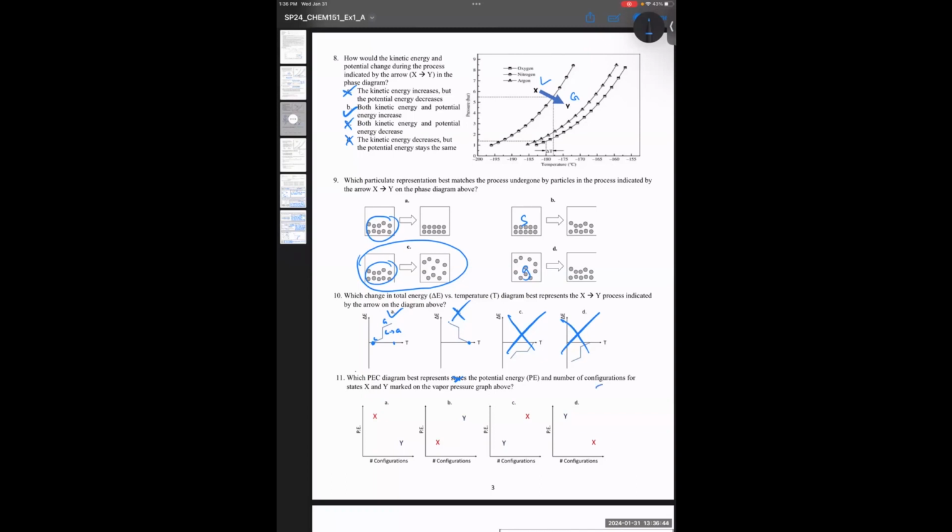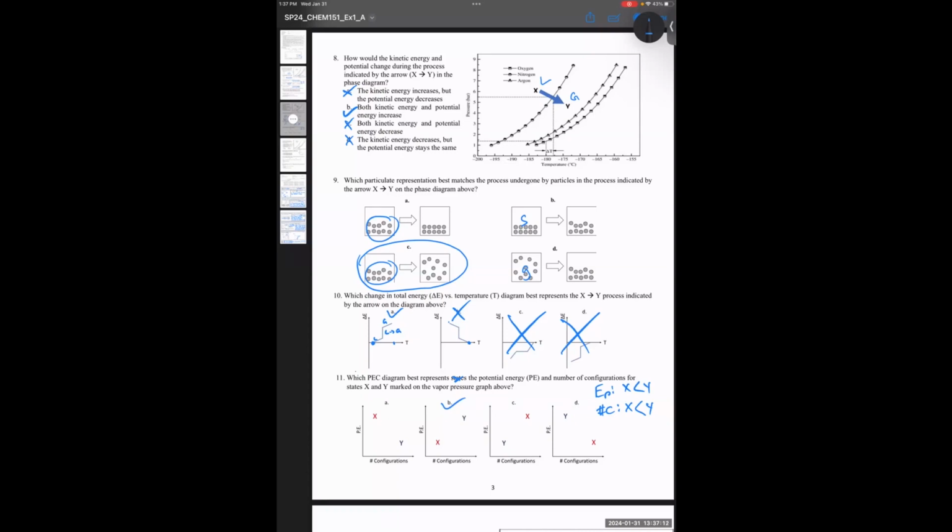So potential energy wise, X is lower than Y. And number of configurations wise, Y has more configurations than X, because Y is a gas. Gases have more configurations than a liquid. So X is lower in potential energy and lower in number of configurations. So it seems like option B.